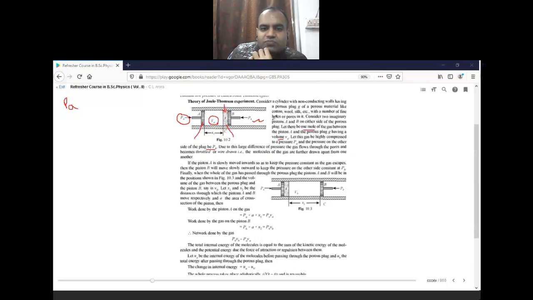Okay, so due to this large difference in pressure, the gas flows through the pores and becomes throttled.